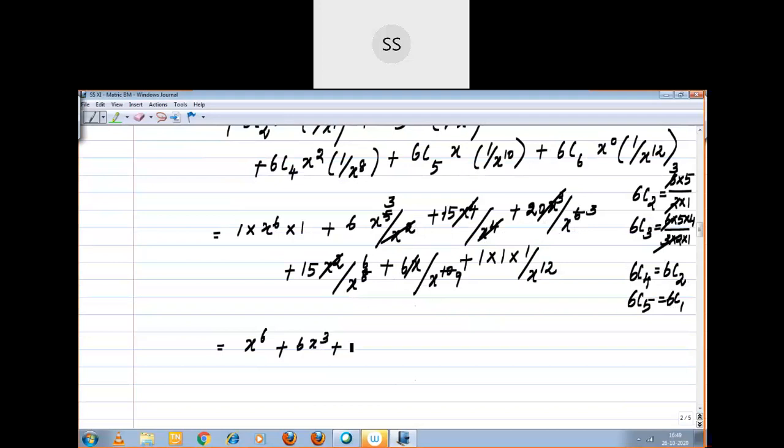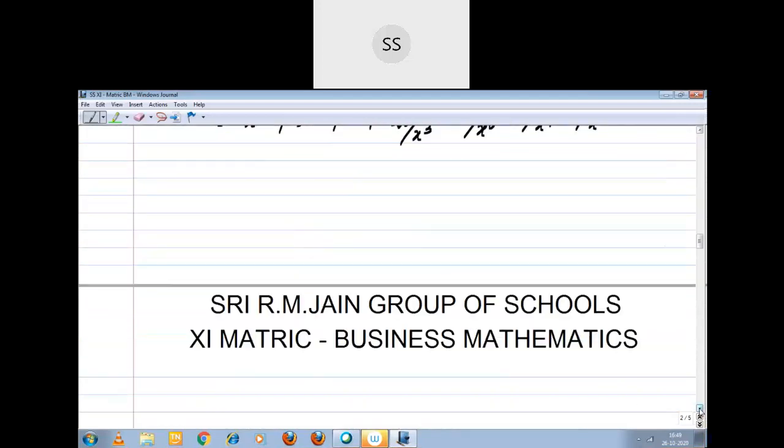Which is equal to x power 6 plus 6x cube plus 15 plus 20 divided by x cube plus 15 divided by x power 6 plus 6 divided by x power 9 plus 1 by x power 12. Have you all understood, children, how we are simplifying the format using the binomial theorem?